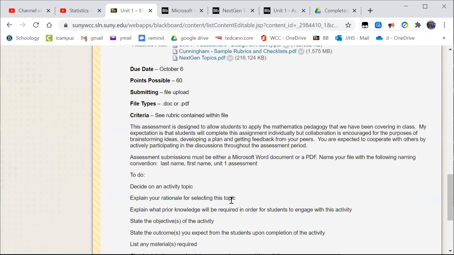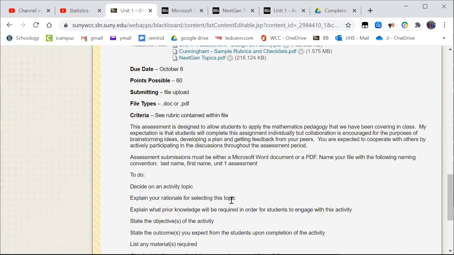That discussion thread is going to ask you to list a couple of different ideas that you're having for this assessment, and some other things. I don't want to get too far into that, but you'll be commenting and giving feedback to other students, and they'll be giving feedback to you. And then that's going to hopefully help you flesh out any details.